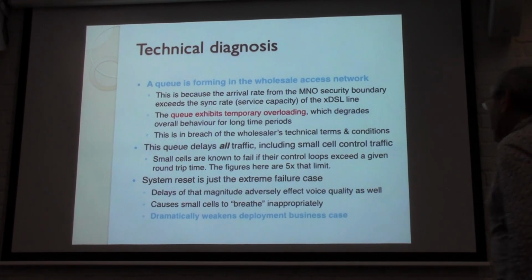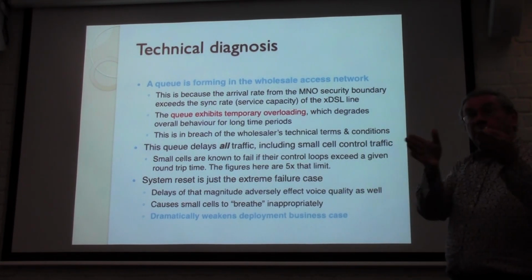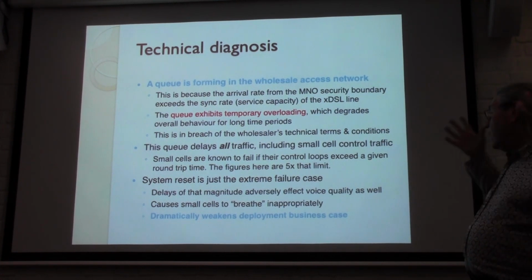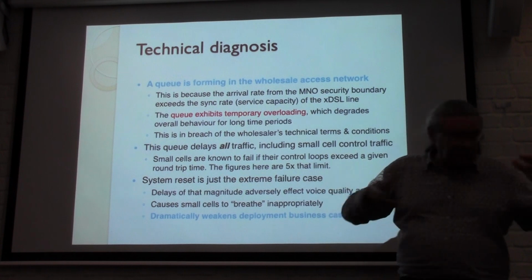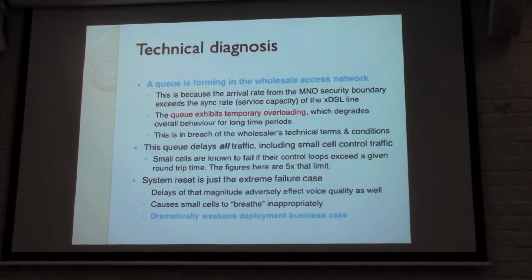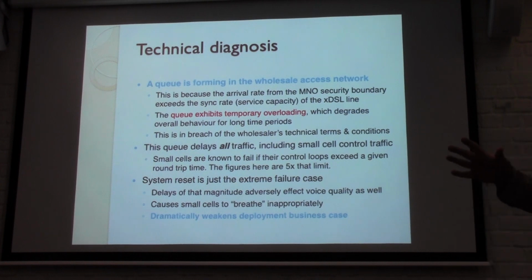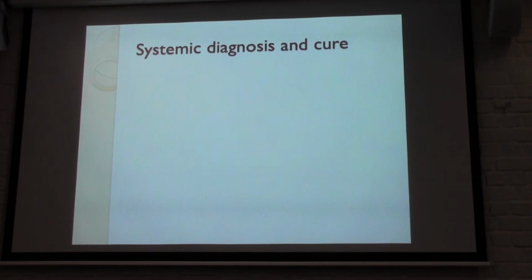The voice quality was, of course, affected with these 1 second delays. So there were these gaps. People say the small cells are breathing, meaning at certain times they don't do anything. So of course the business case for the big company was very weak, because it didn't scale up.